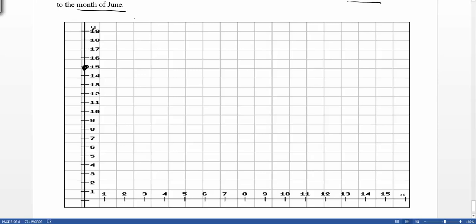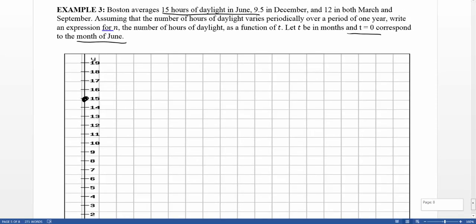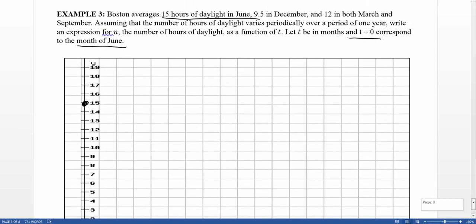There's a lot of other information that I want to plot here, and that'll give me a sense of what my graph should look like. So let's see what else I know. In December, I have 9.5 hours of daylight. December is going to be 6 months after June, so that's t equals 6.